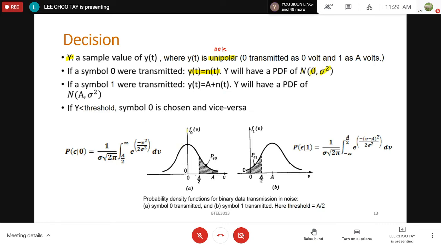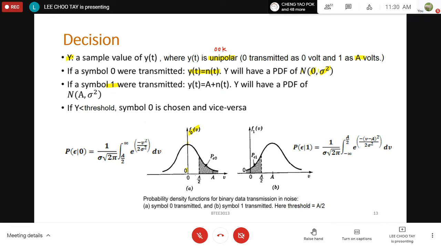If you look at the probability density function of this symbol 0, the mean is 0, so it's centered at 0. The probability of error for this binary 0 depends on where we set the threshold in our decision making. We'll talk about that later. Now let's look at the symbol 1. When we transmit a symbol 1, we transmit it as A volt.